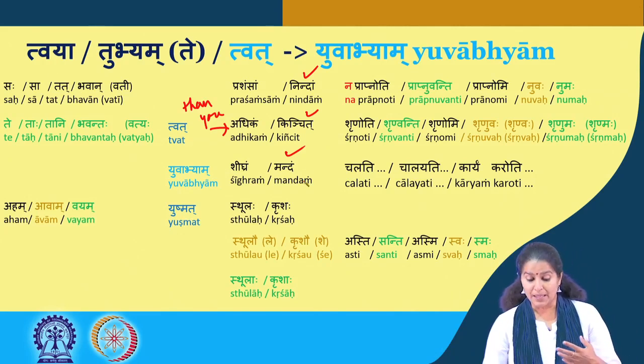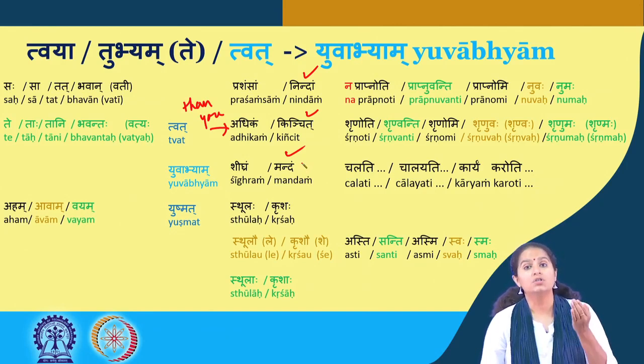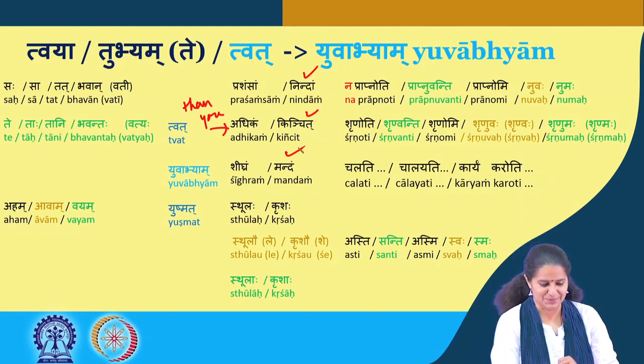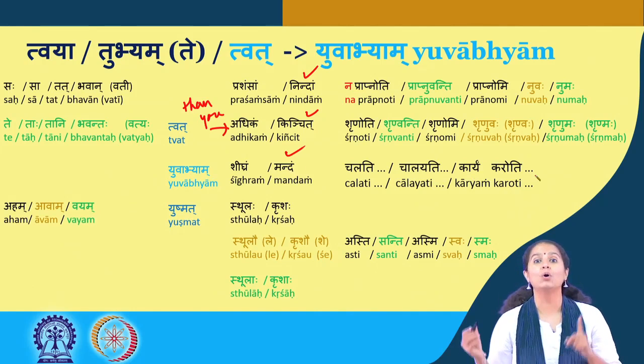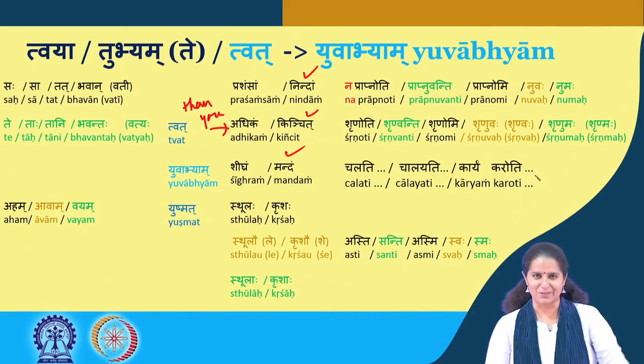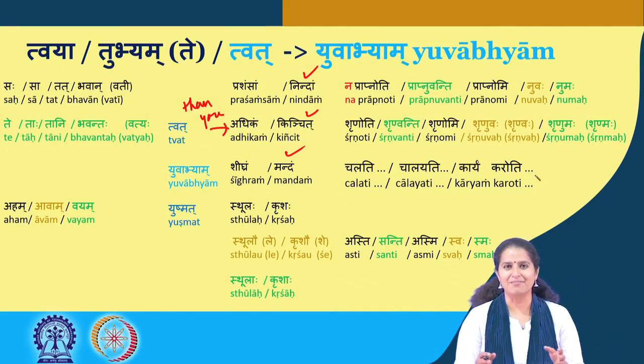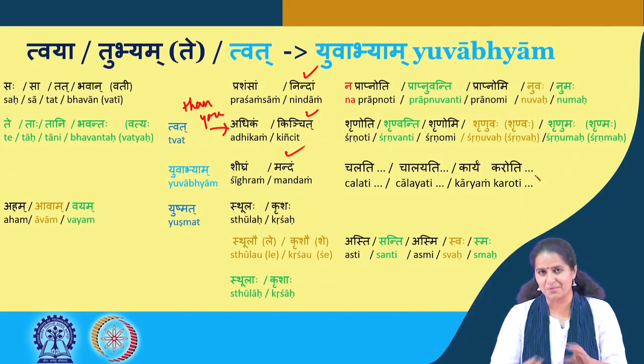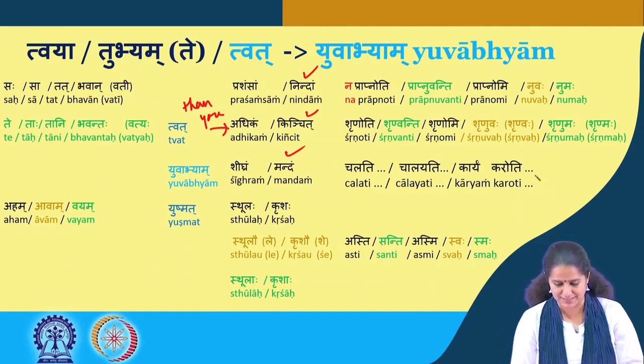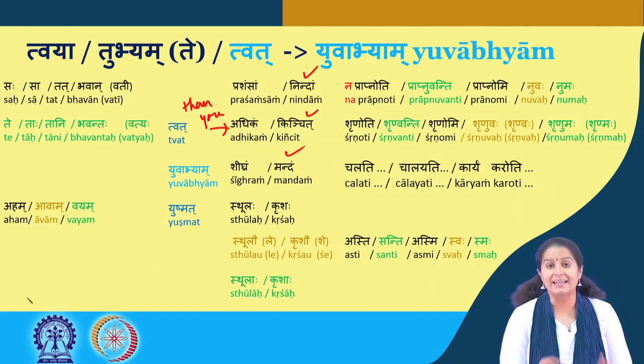How would you say I work slower than the two of you? Uttamam. Aham yuvabhyam mandam karyam karomi. Uttamam, because you start with aham. So you have that now? So that's how you can apply it in different contexts with translations. Let's see the next case.